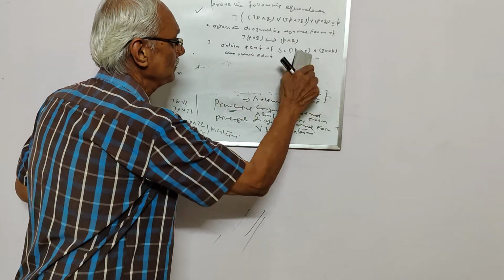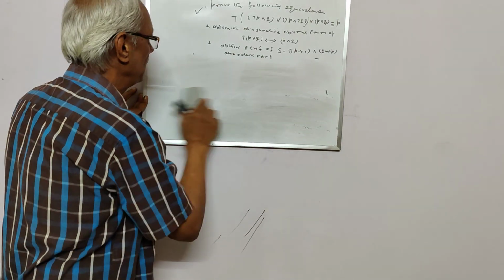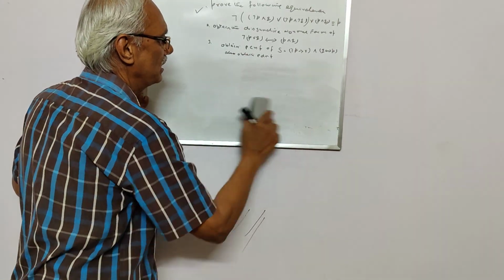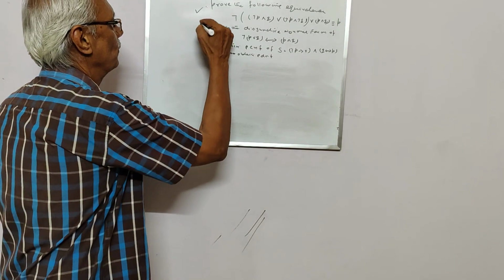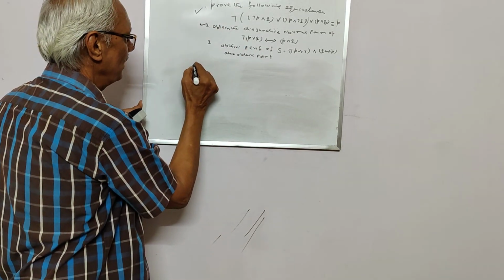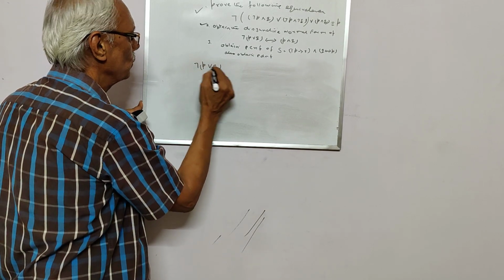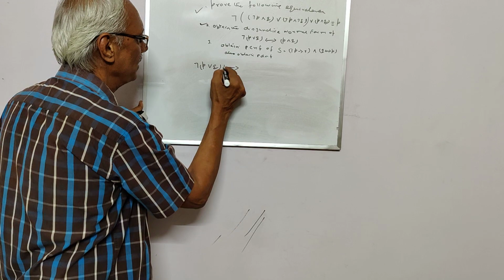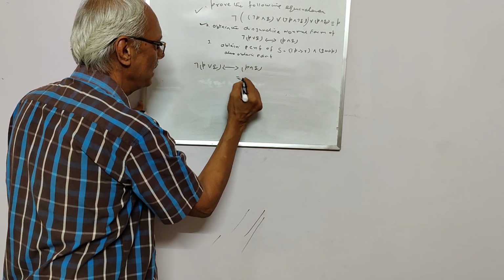Now remember those, then only you can write. Let me go fast. What is it that you are having? Negation of P union Q, if and only if P intersection Q. Now, what is it identically equal to?